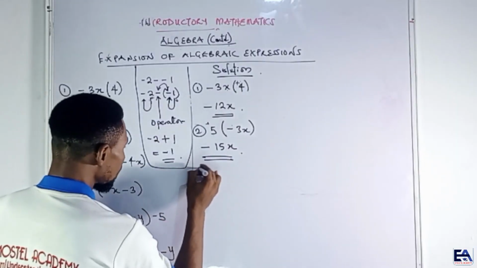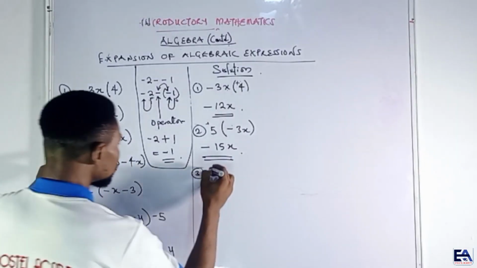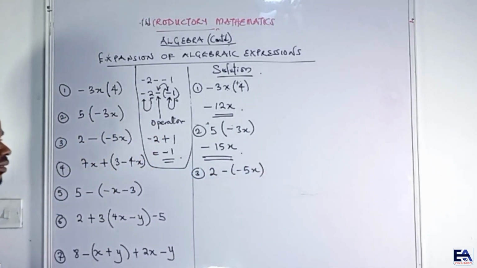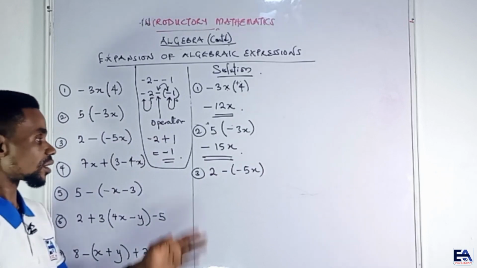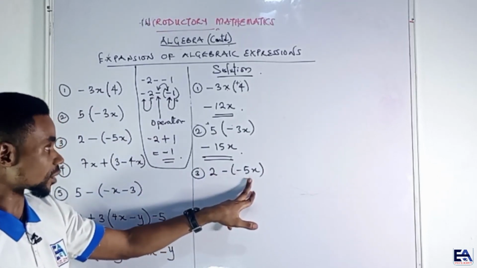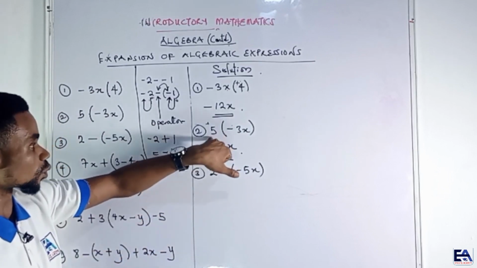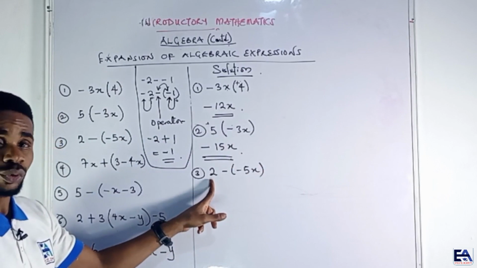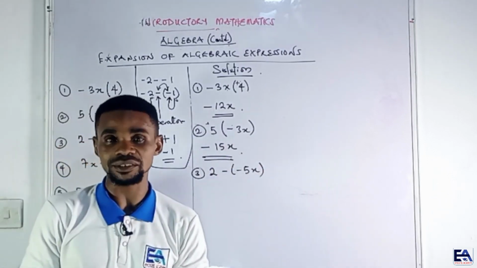Number 3, we have 2 minus 5x. So in this case, there is a minus sign separating 2 and minus 5x, unlike this one that has direct link with the brackets. This number 2 does not have a direct link with the brackets.